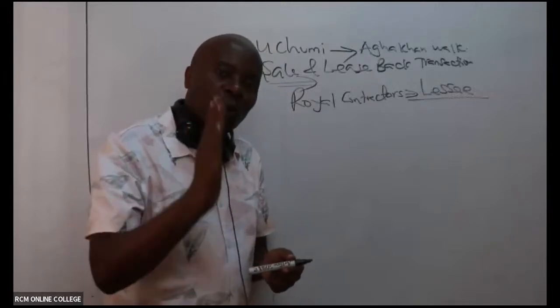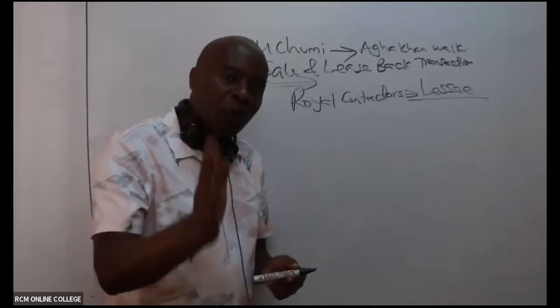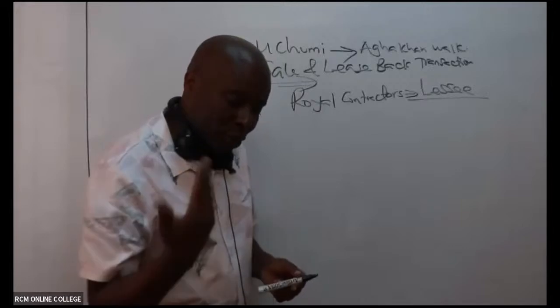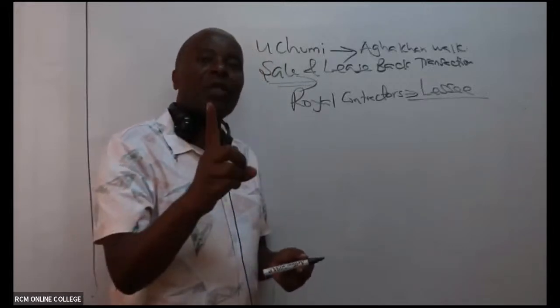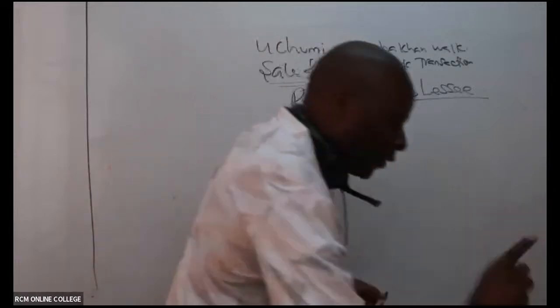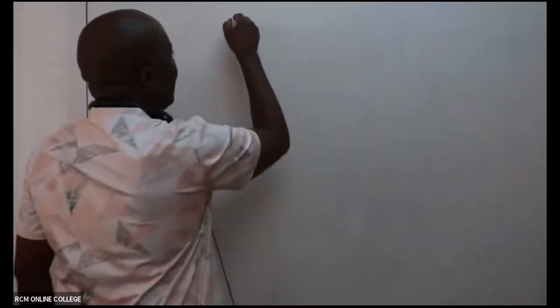So they want us to do this lease accounting under the books of royal contractors. Who are these royal contractors in this regard? Because they sold and leased back, they're the lessees. And if they're the lessees, then according to IFRS 16 we are doing lessee accounting.